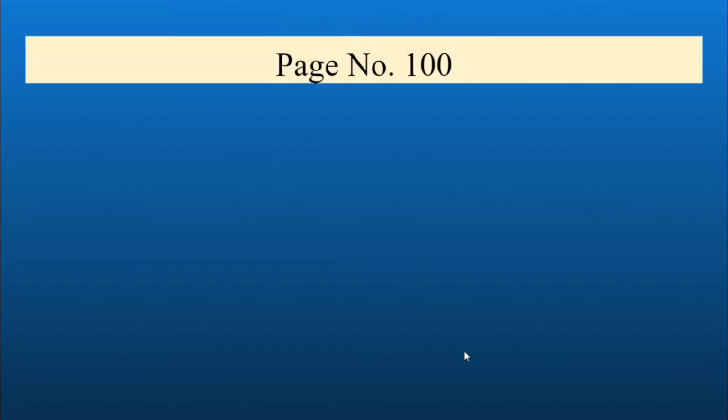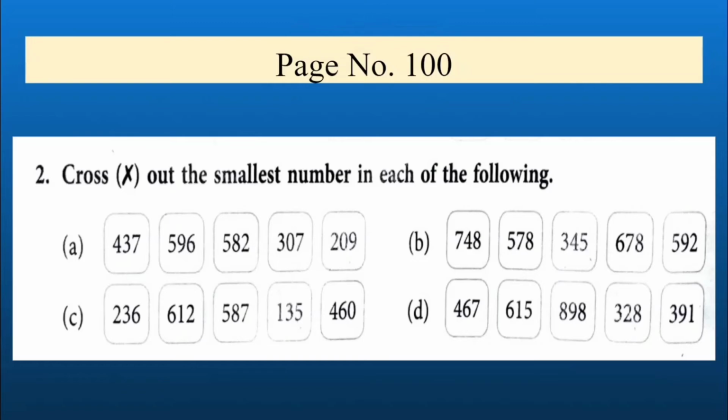Now let us do question number 2 in page number 100. Cross out the smallest number in each of the following. So here we have to put a cross mark on the smallest number. Let us do the A part. Here the numbers are 437, 596, 582, 307 and 209.